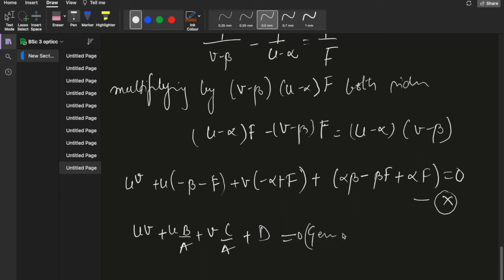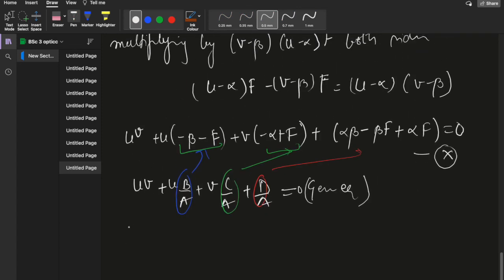Now we can compare the coefficients of both equations. I can see this term is this coefficient, and this is my d, so this must be d upon a.